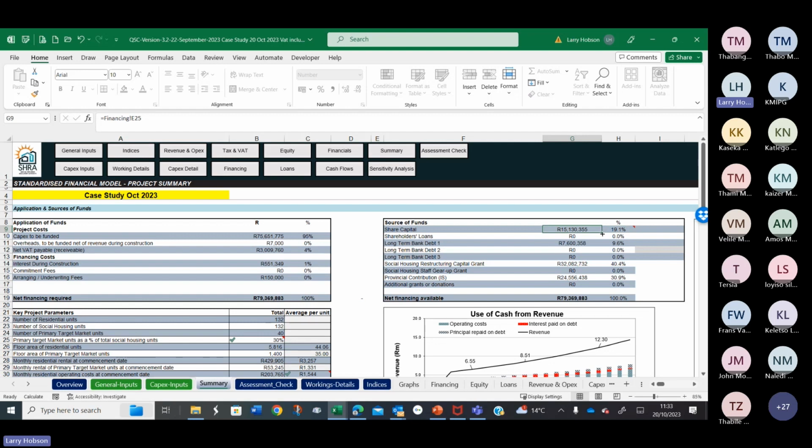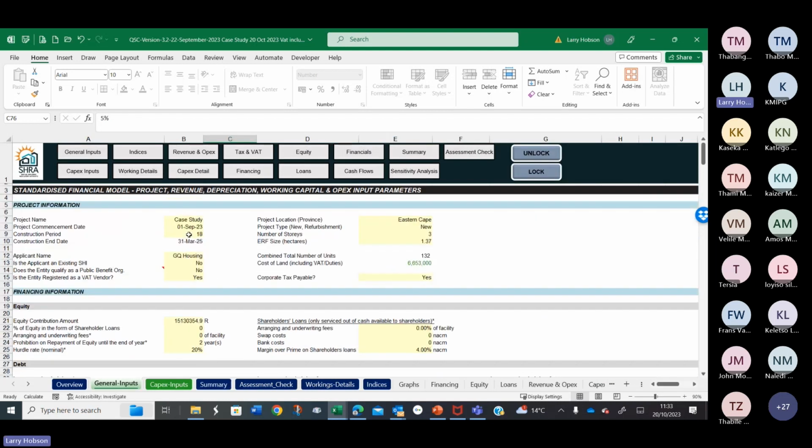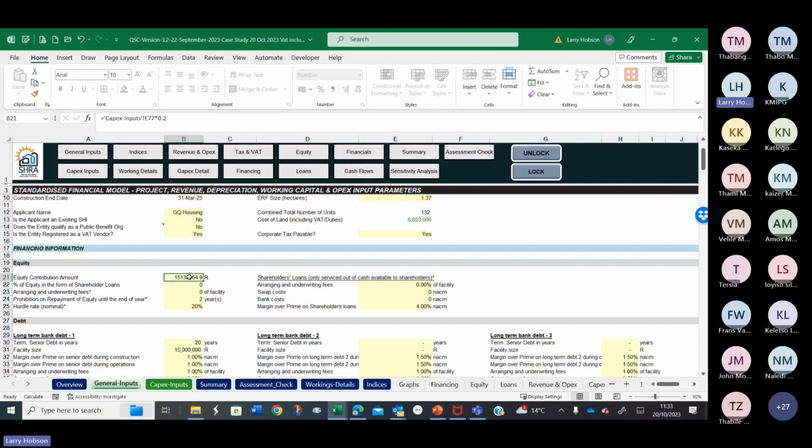So that's 15.16. I didn't realize that the way the formula was structured, it doesn't make that happen. So I'm going to change that, the 20% of total construction costs, to 16 million.